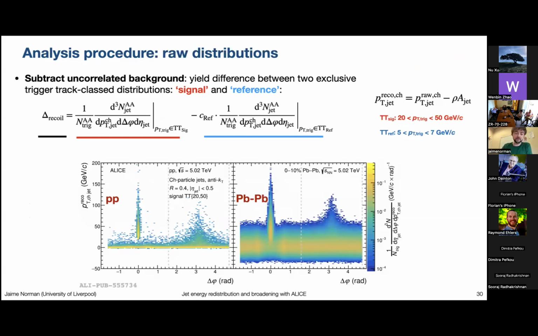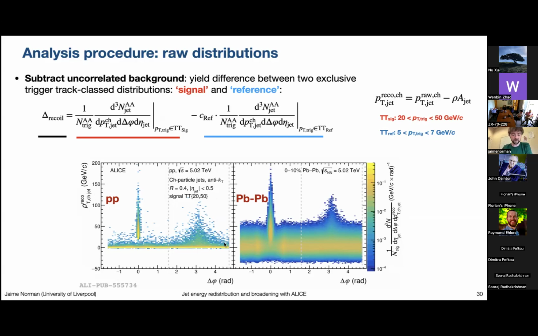So we can take a look at how these distributions look in data. I show the 2D trigger normalized recoil jet distributions in the signal trigger track class. Here we take the signal classes between 20 to 50 GeV, and the reference classes between 5 to 7 GeV.